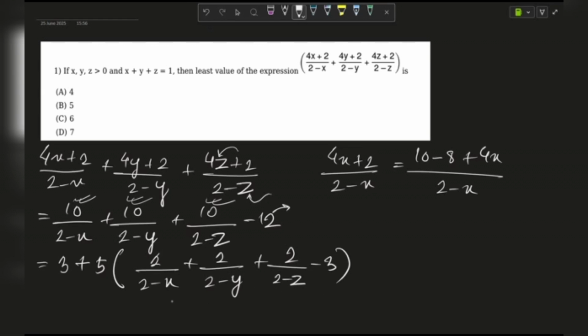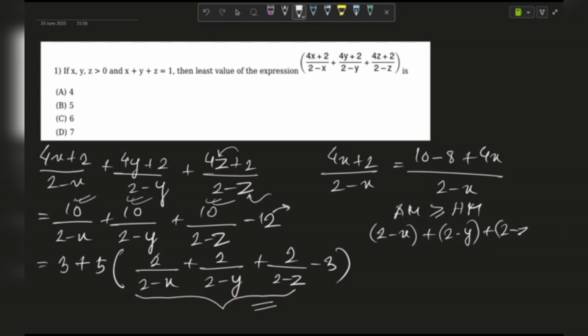Now, as you can see, finding the minimum value for this expression is pretty easy. We can use AM greater than or equal to HM. So (2 minus x) plus (2 minus y) plus (2 minus z), divided by 3.